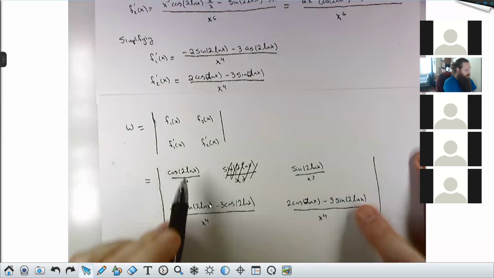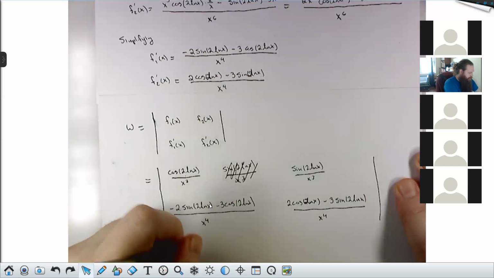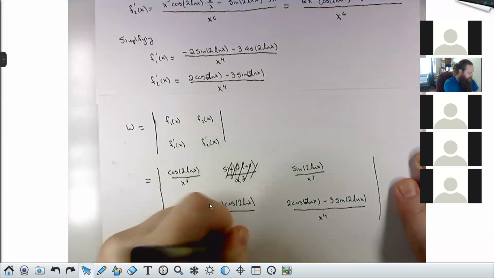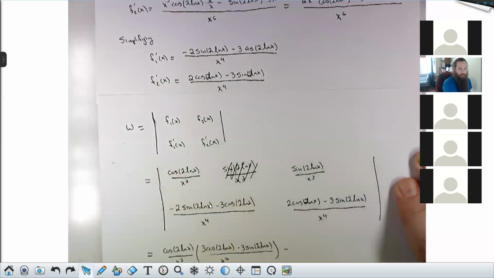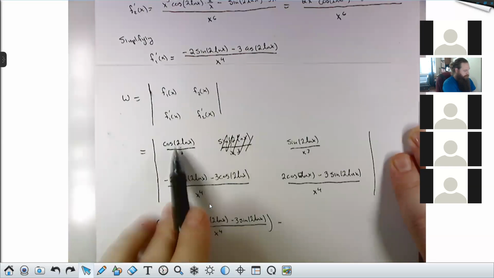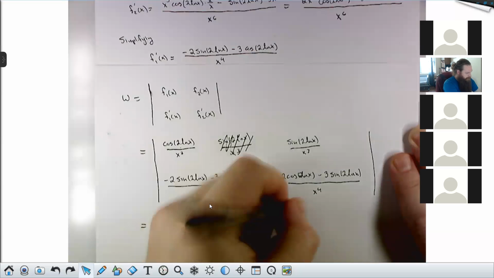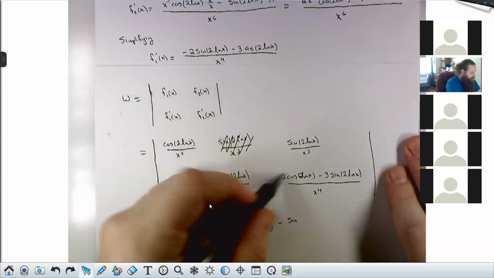So that determinant, this times this, is cosine of 2 ln x over x cubed times 2 cos 2 ln x minus 3 sine 2 ln x over x to the 4, minus this times this. I'll write the sine 2 ln x over x cubed out front. Wait, Professor, isn't it 2 cosine 2 ln x, not 3 cosine 2 ln x? Thank you, thank you. Yes, very good. Yeah, right here, right?